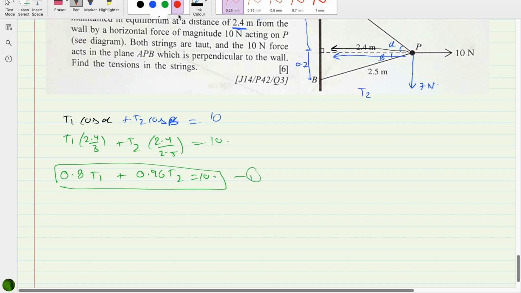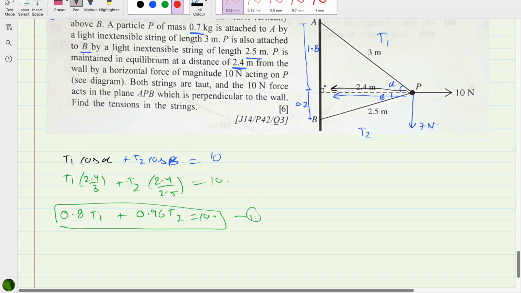Equation 2 would be all the verticals, and if I see, only T1 is upwards, all the other forces are downwards. So T1 sine of alpha is equal to T2 sine of beta plus 7, which is also downwards.